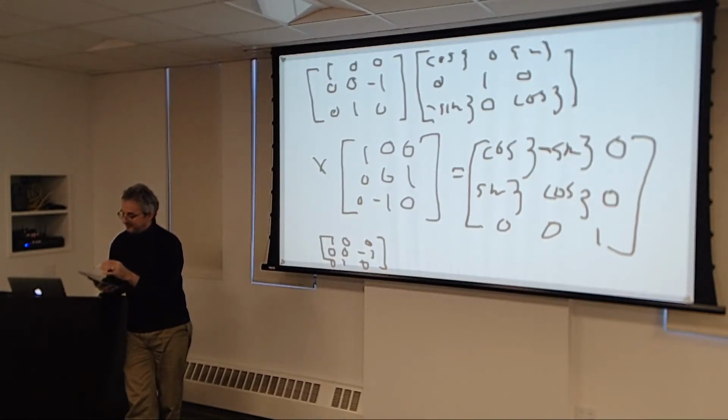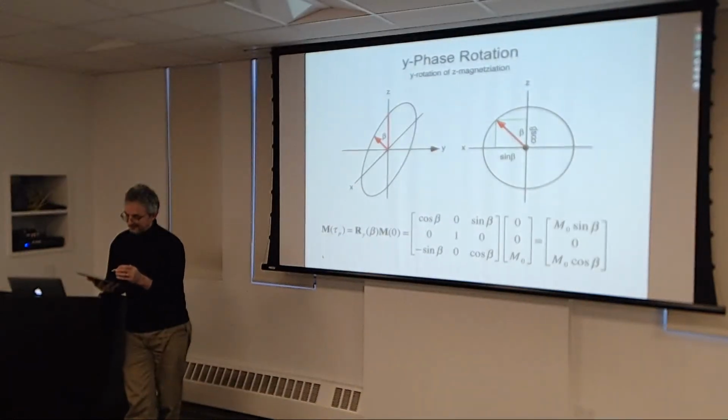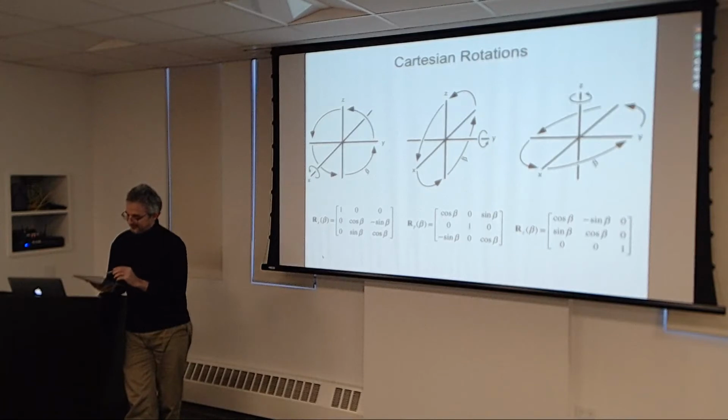And if we go back to the slides, here we have cosine, cosine, 1, minus sine, sine. So our answer was that those three rotations together are the same as a z rotation by the angle zeta.